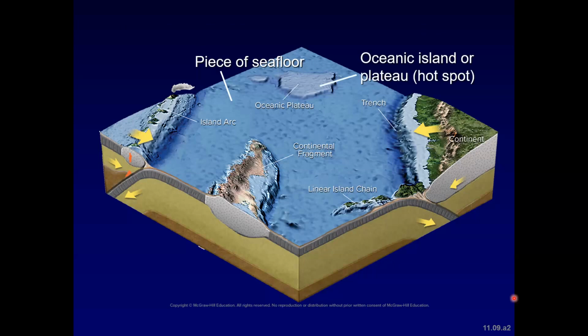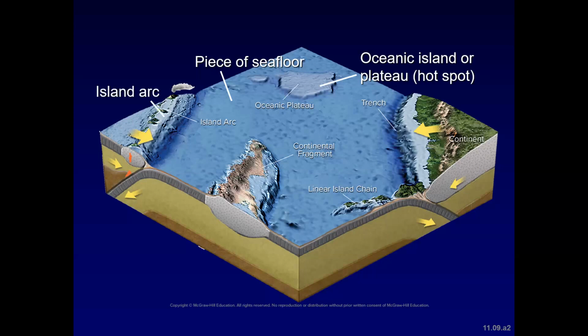You could have another thing that would later be found in the terrain being an oceanic island or plateau from a hot spot. So this would be thicker and less likely to subduct, more likely to be added to the edge of a continent. We call that accretion.